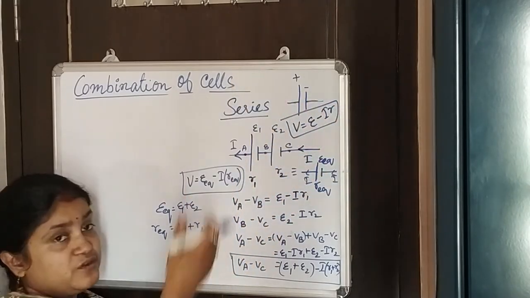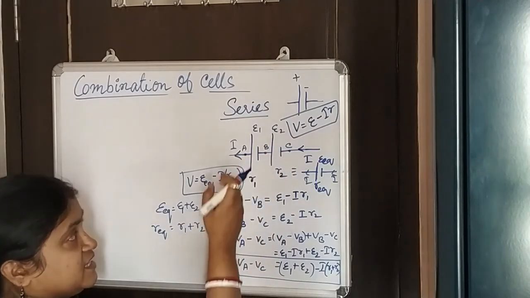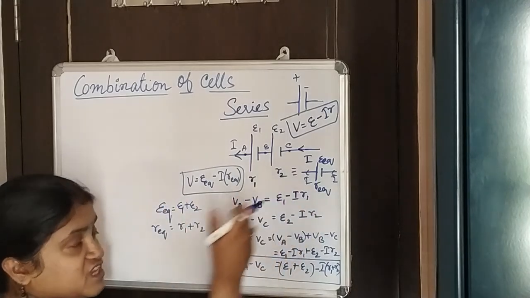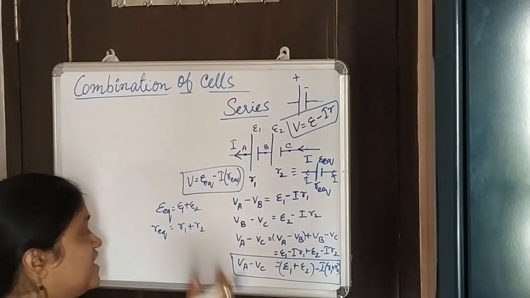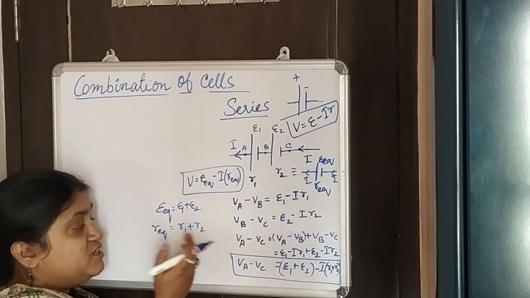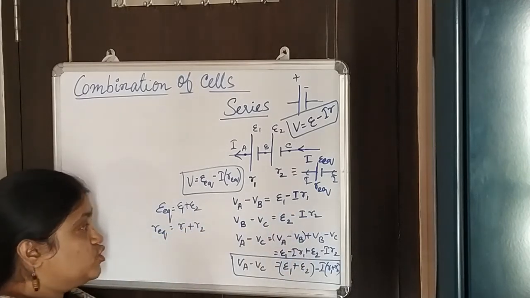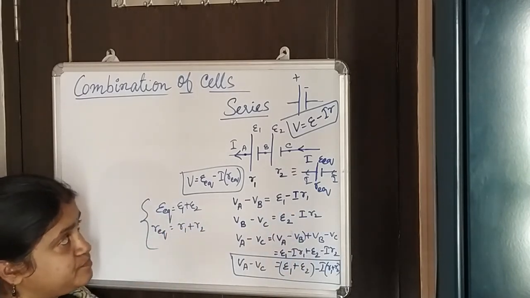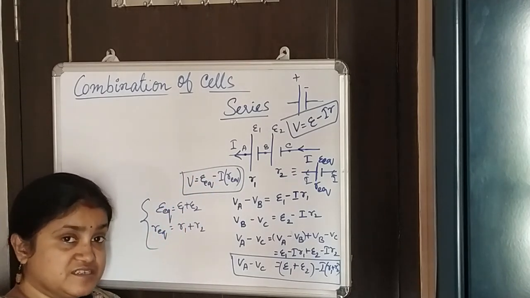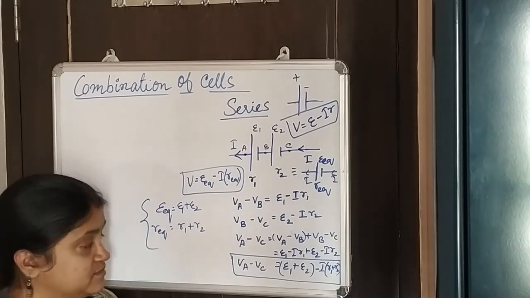If I had n number of series connected cells, then my equivalent EMF would be the summation of the EMFs of all n cells. Similarly, the equivalent internal resistance will be the summation of the internal resistances of all n cells. With this we get the equivalent EMF and the equivalent internal resistance of cells connected in series combination.